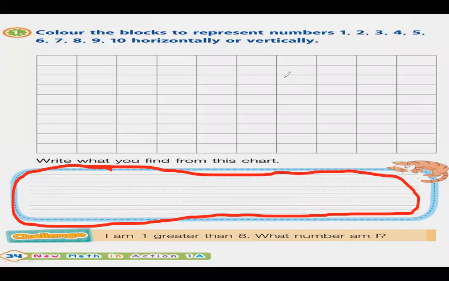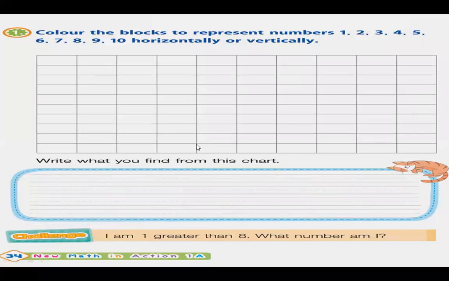All right, that's it, students. Again, you are going to write what you can find in the chart. Okay, I'm sure you can do it, students. I know it's very hard, but I'm sure every one of you can do it. Okay, so now after you color this one, students, we are going to write something here. Okay, get your book, and write this one.